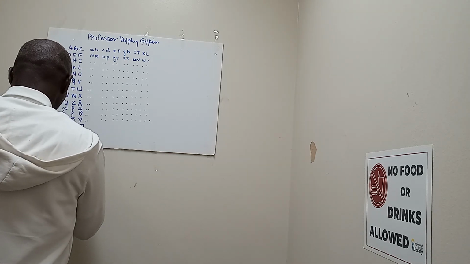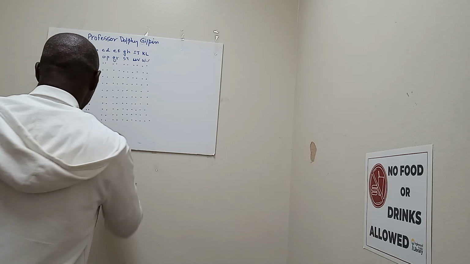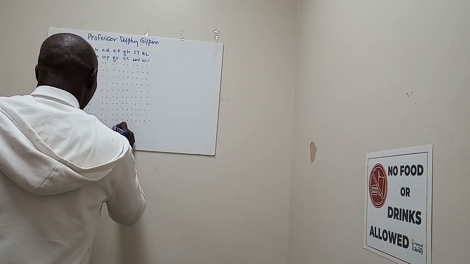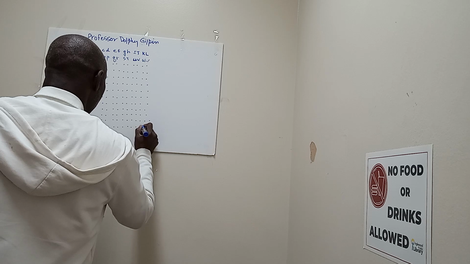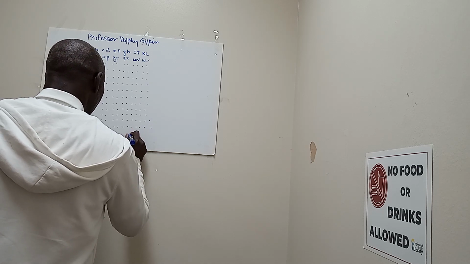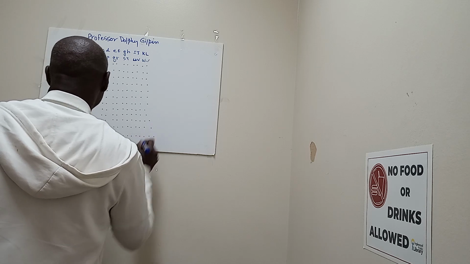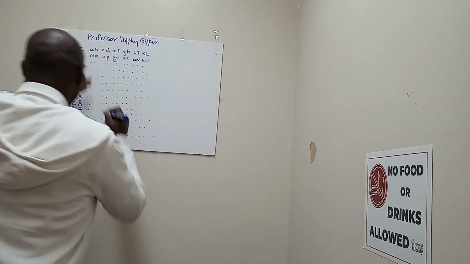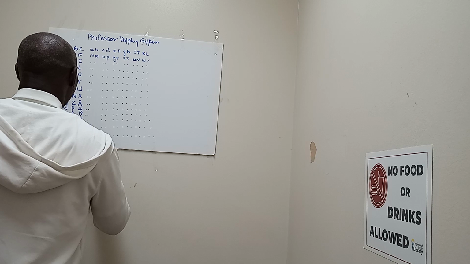Notice that there's space in between these two, and there's no space in between that. So it's going to be generalized, and let's fill this out with some letters here for the last one.